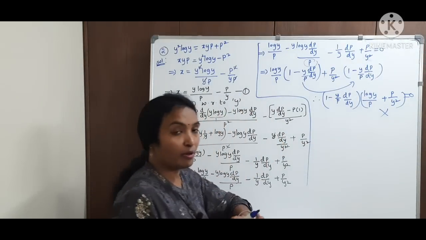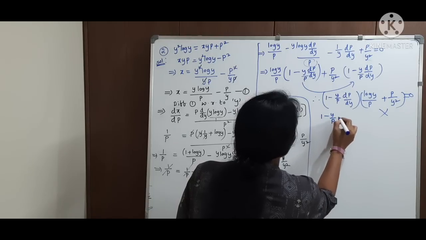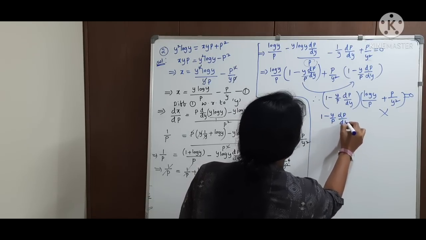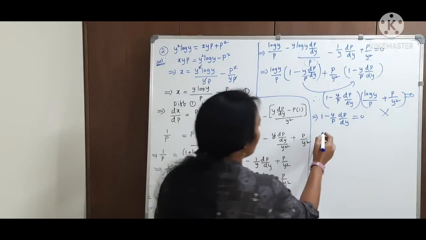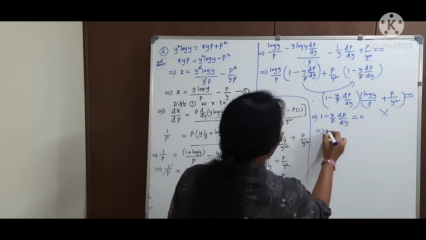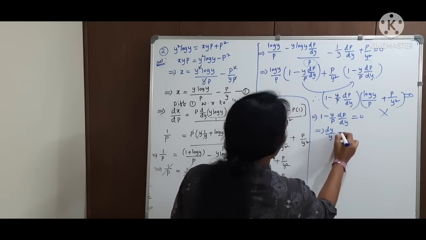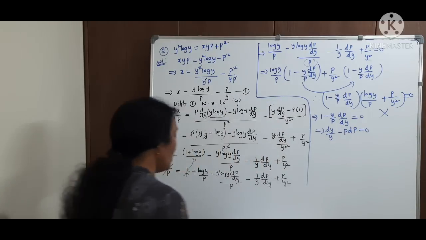Because of dp by dy, we can do separating the variables. Therefore 1 minus y by p dp upon dy will become 0. Then separating the variables, p is here, then y will go to this side as 1 by y. This is what? p dp is equal to 0.